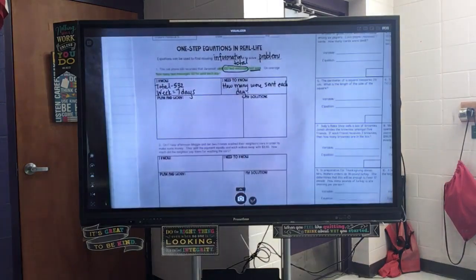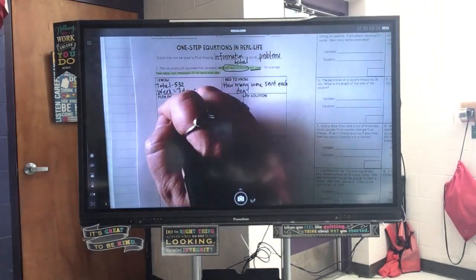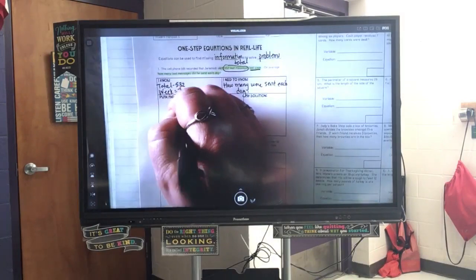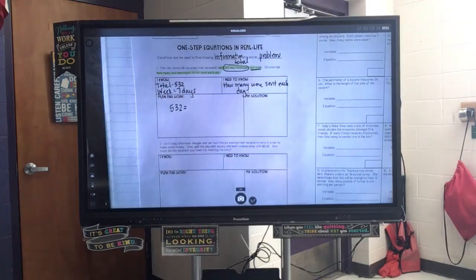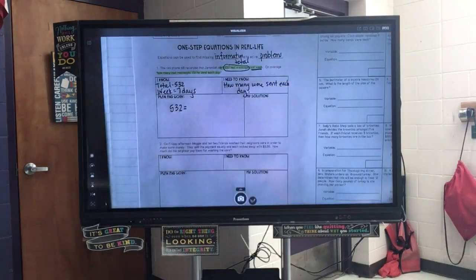Okay, so our total is 532. We know that's going to equal something, right? So are we multiplying 7 times x or are we dividing? Now I'm talking about the equation. I'm not talking about what we're actually going to do.